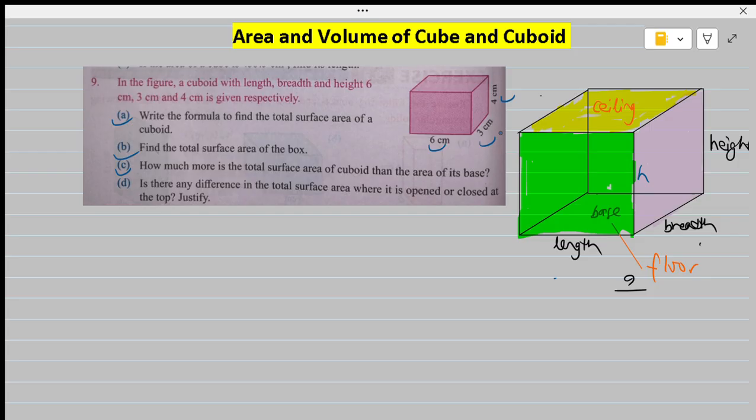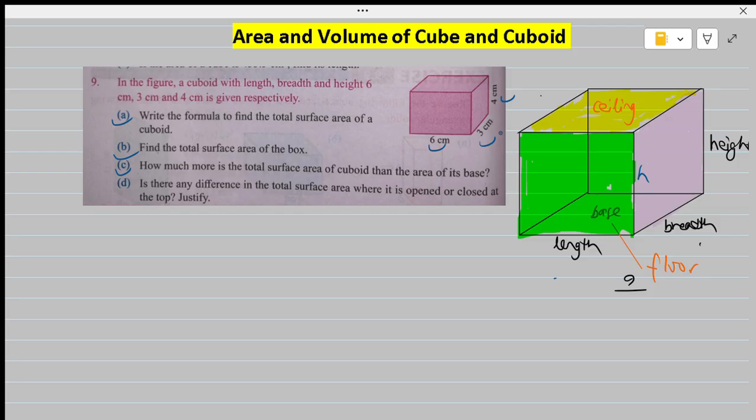So that which you have found, the area of the total surface of that cuboid and the area of its base, get the difference, and for that difference you'll say that the total surface area is this much more than the area of the base.